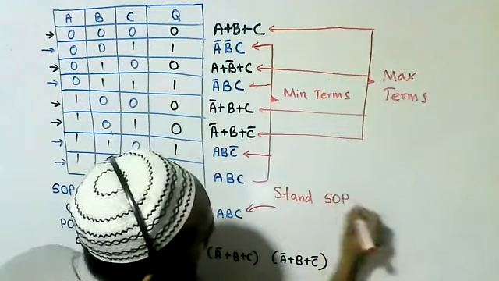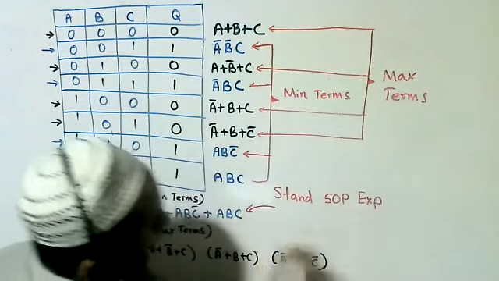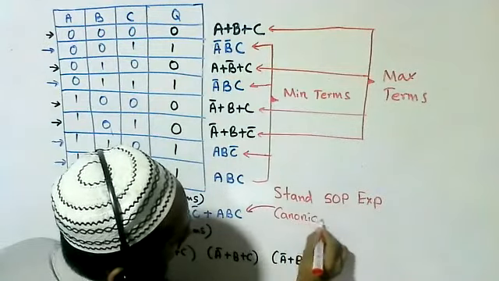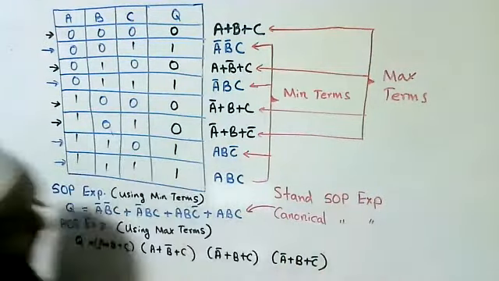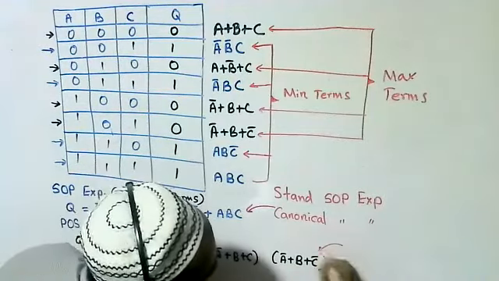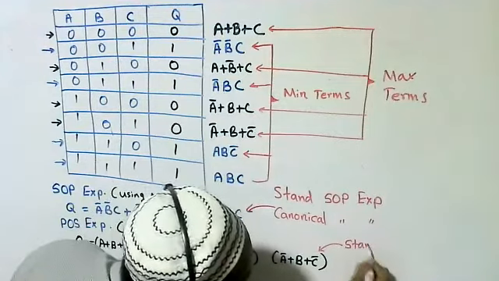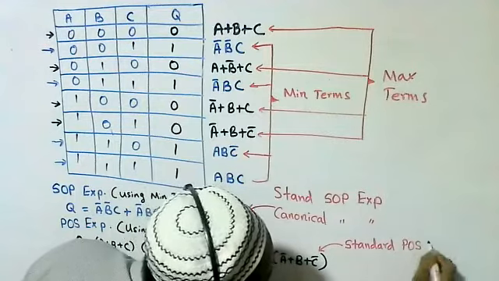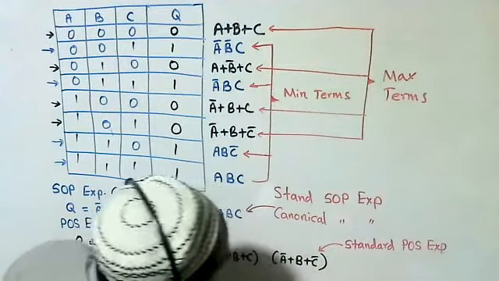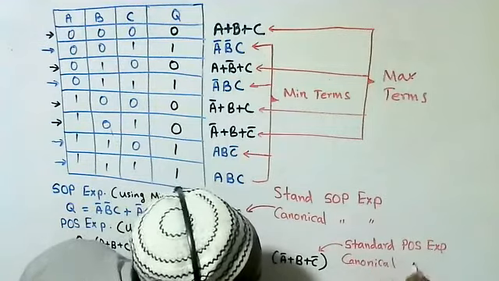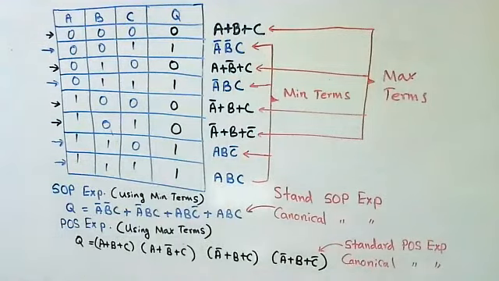Standard SOP expression, and even we can say canonical SOP expression. Here this one, standard POS expression, and even we can say canonical POS expression. Right, these are the names we use there.